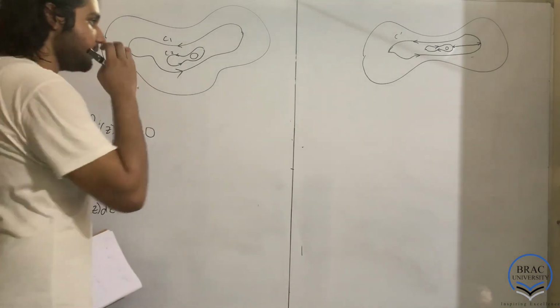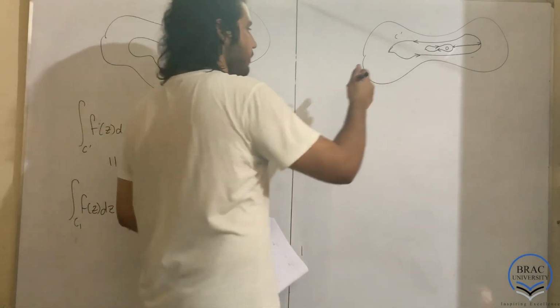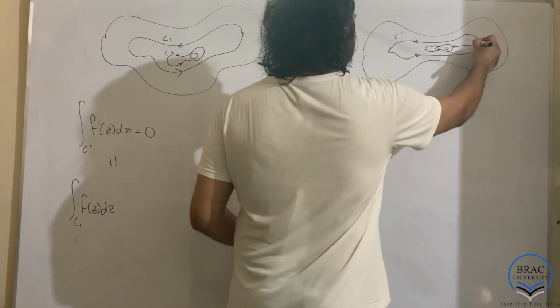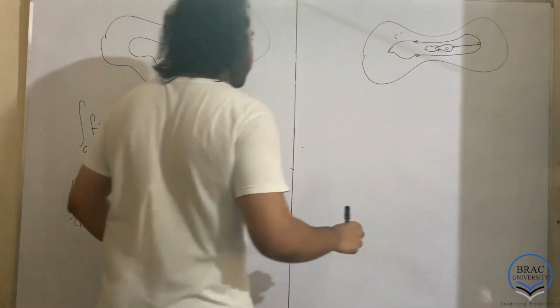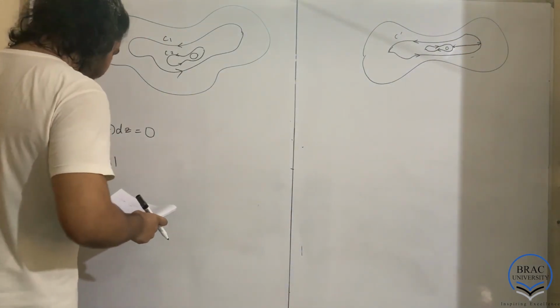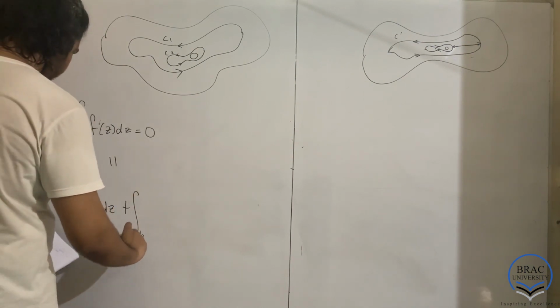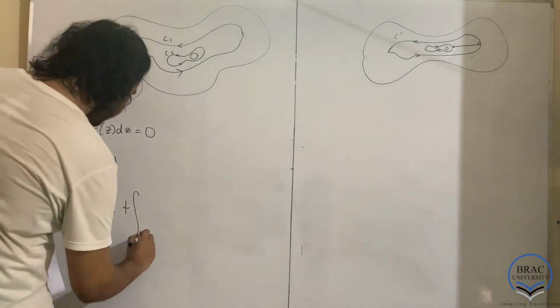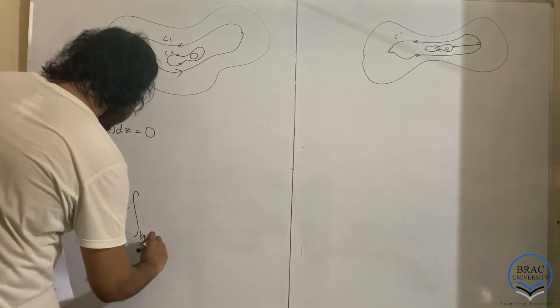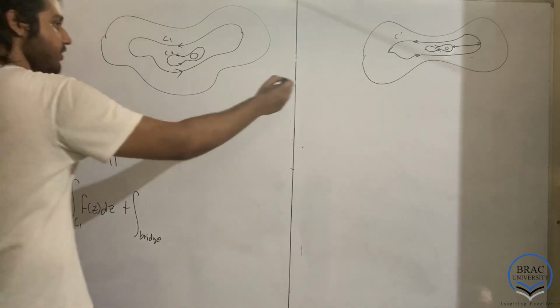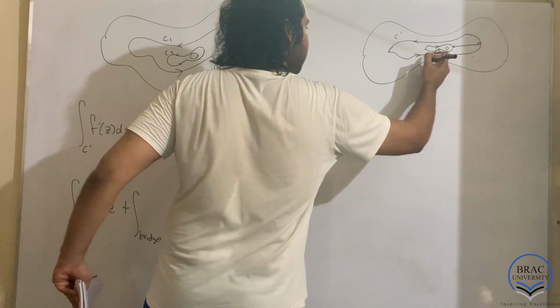But then we have a bridge. From C1, it goes and enters this bridge, but the orientation remains similar. So we have plus the bridge. Let me write bridge, B-R-I-D-G-E, which is basically this line segment going from here.